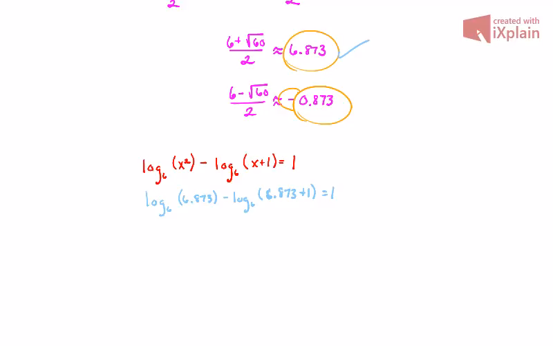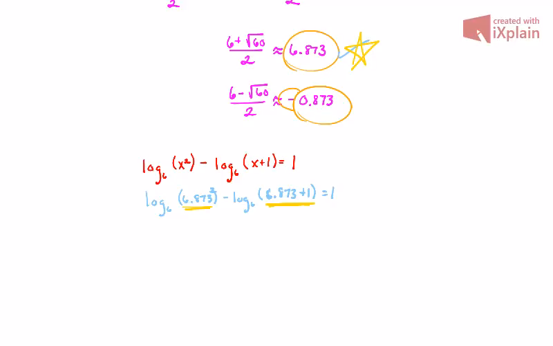I just need to make sure that the logs inside remain positive. As you can see, this is going to remain positive because it will be squared, and it's already positive to begin with. And also here, 6.873 plus 1 will also remain positive. So odds are, in this case, this answer is good, so I'm going to keep it.